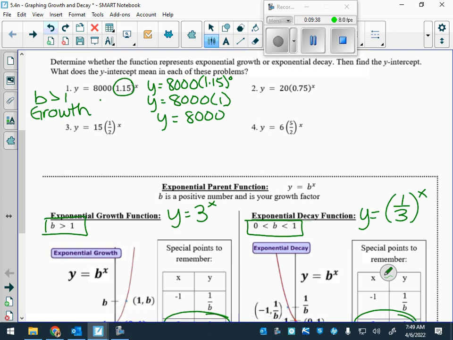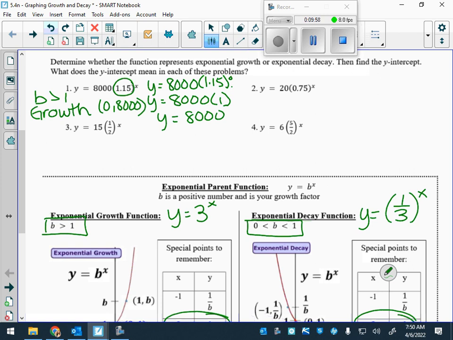So our y-intercept is 0, 8,000. Because 1.15 to the 0 power is automatically 1.